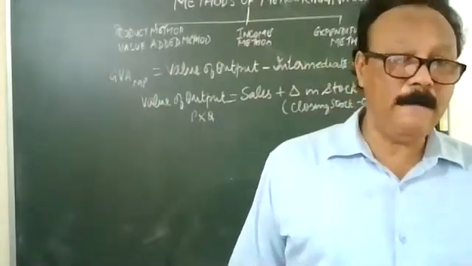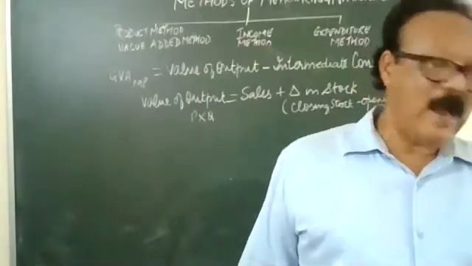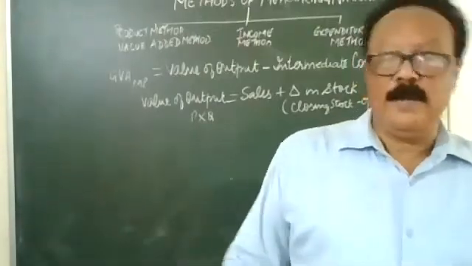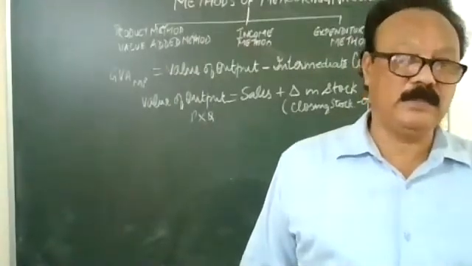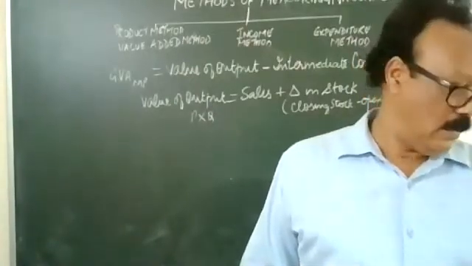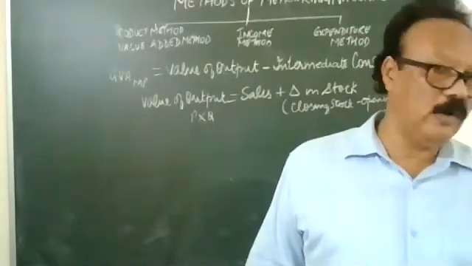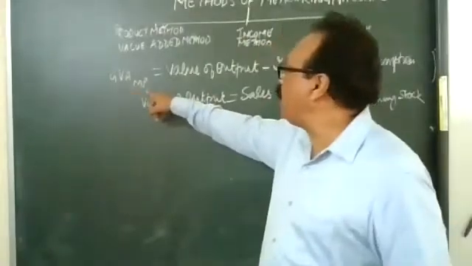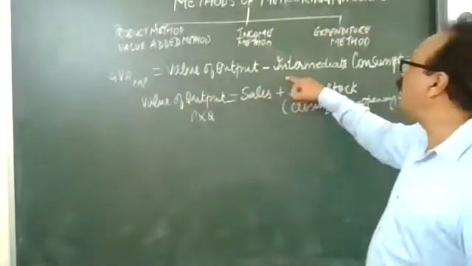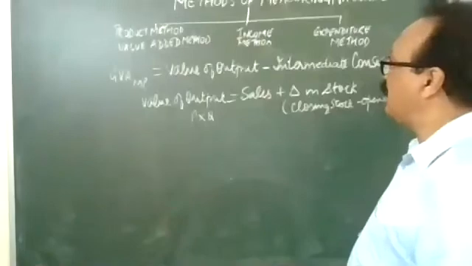I hope I am very clear. It is the value of the non-factor inputs like raw materials, fuel, power, etc. So this is how we calculate gross value added at market price: value of output minus the intermediate consumption.